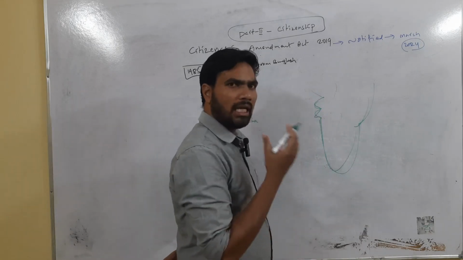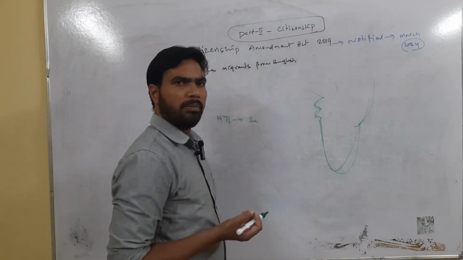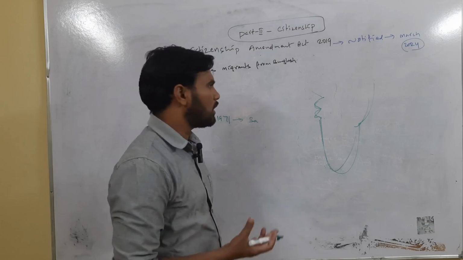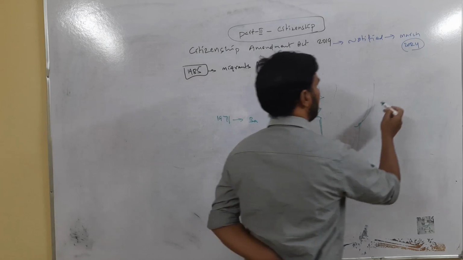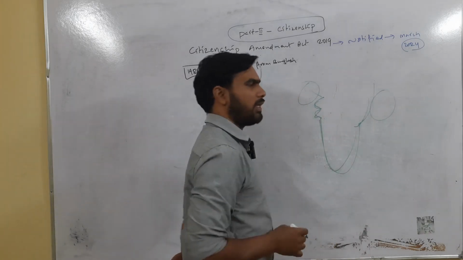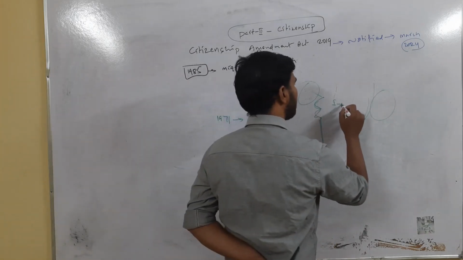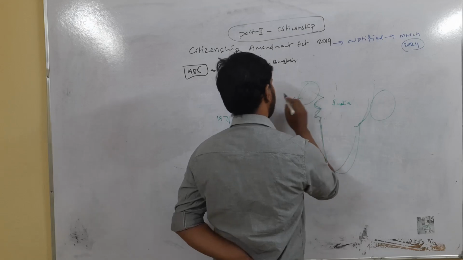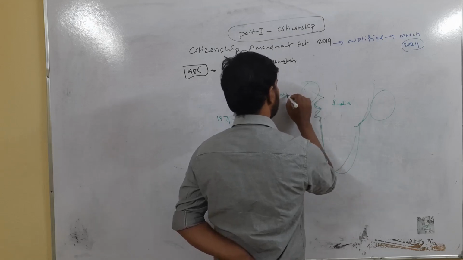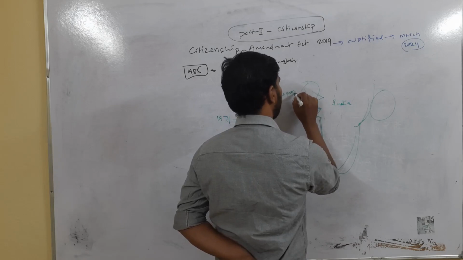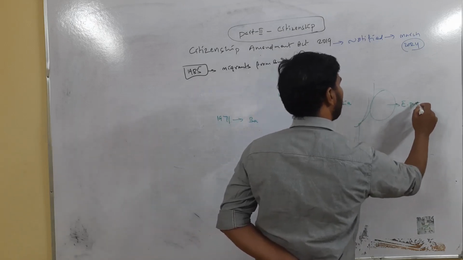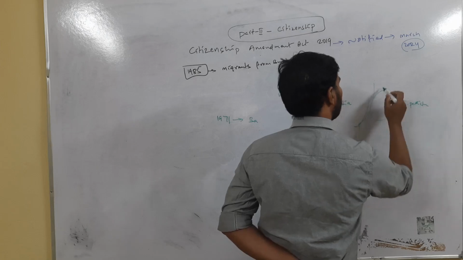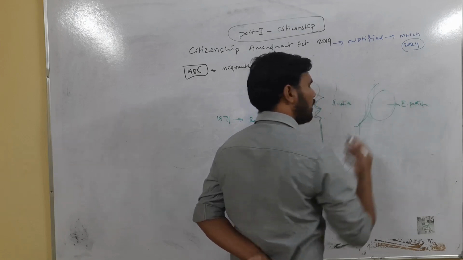In 1947, along with independence, there was an unwanted consequence. What is the unwanted consequence? That is the partition of the country. So the country has been divided into India and Pakistan, which at the time was West Pakistan, and then this is East Pakistan. East Pakistan is nothing but the Bengal province.